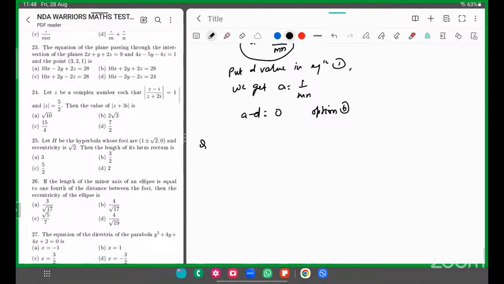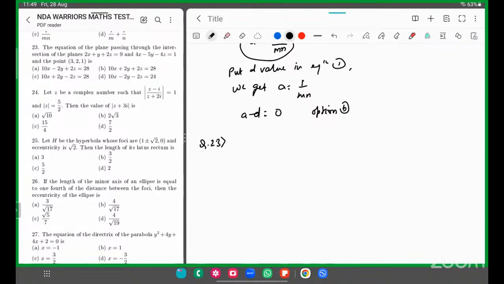Moving to question number 23. The equation of the plane passing through the intersection of the given two planes will be what? Whenever there is an intersection of two planes, we can write the equation of a plane passing through the intersection of the two planes.